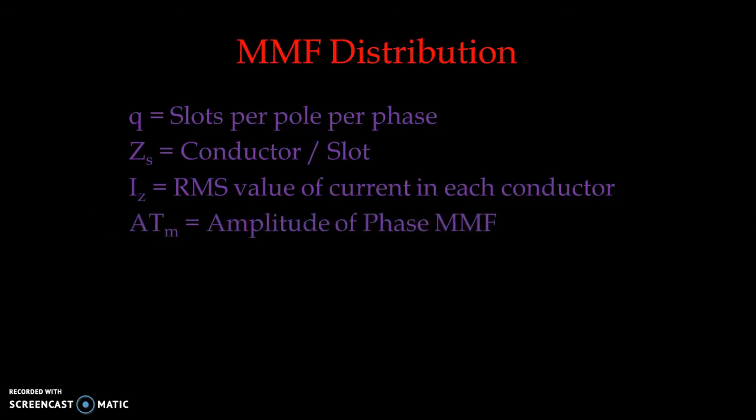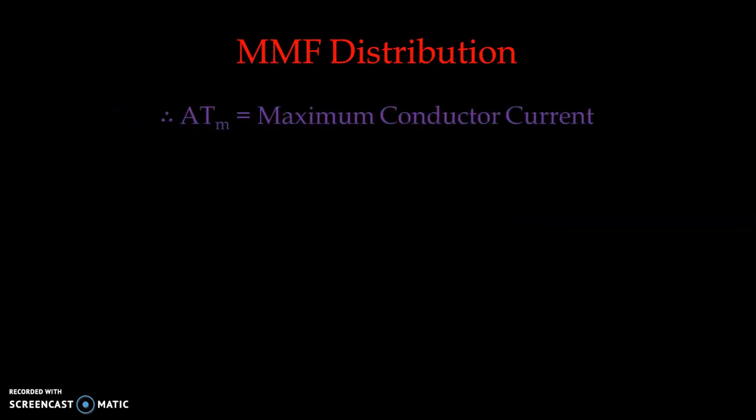And AT suffix M, that is amplitude of phase magnetomotive force. Let us take ATM, that is equal to maximum conductor current multiplied by number of turns per pole per phase.